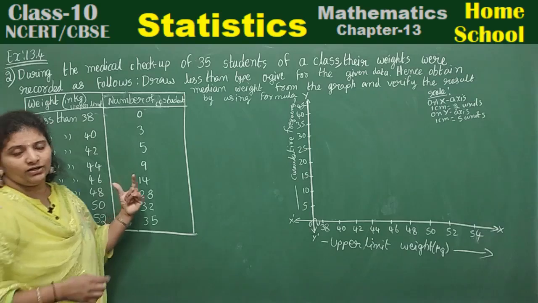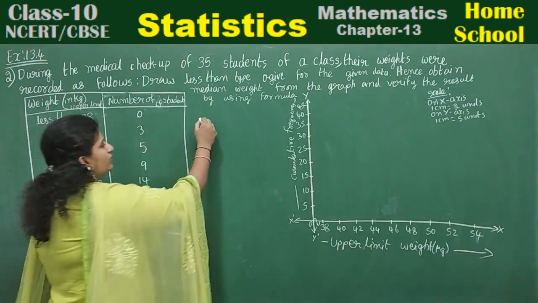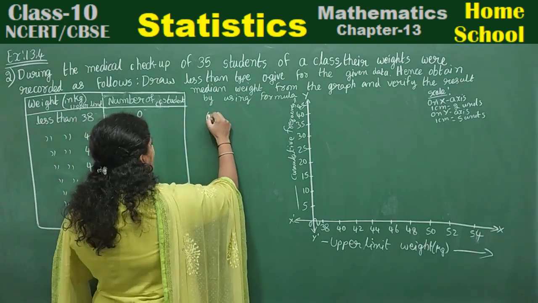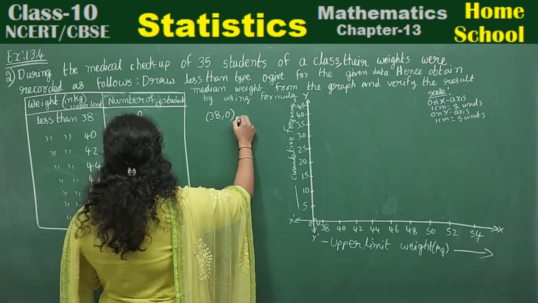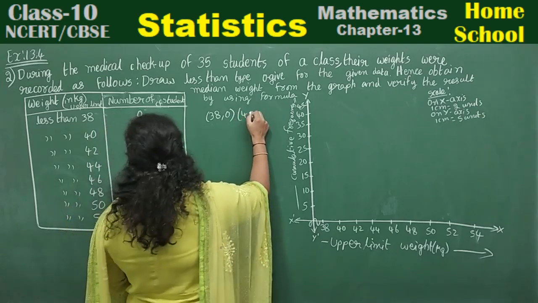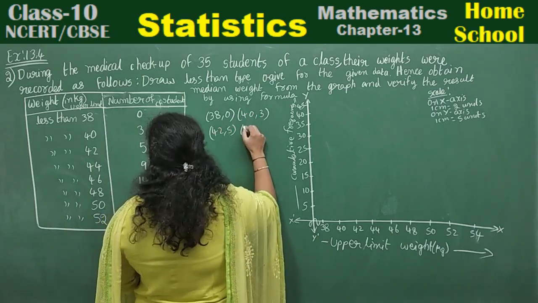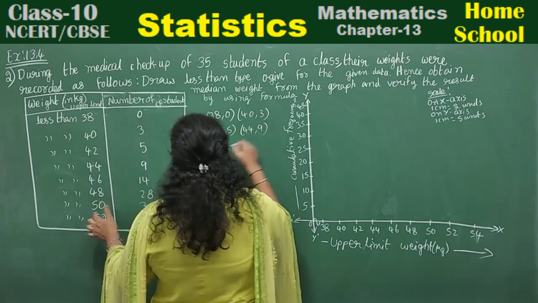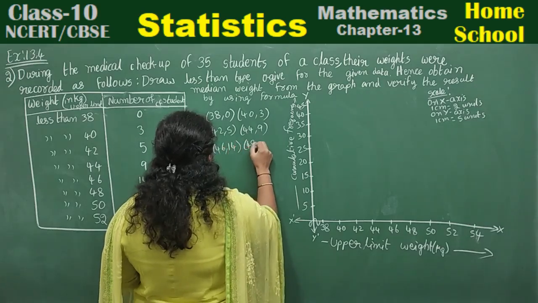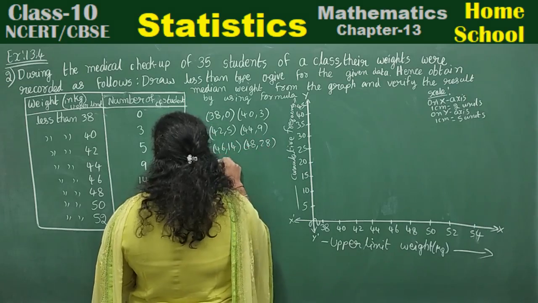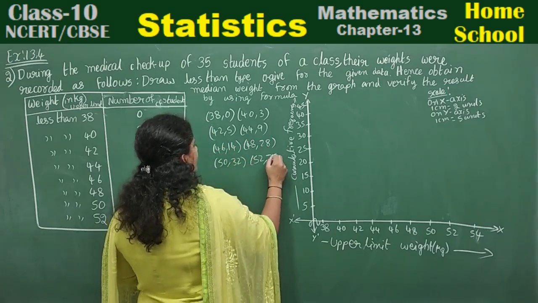See the coordinates. What coordinates are you going to plot on this graph? If you want, you can write them, or you can directly plot them on graph. 38, 0, 40, 3, 42, 5, 44, 9, 46, 14, 48, 28, 50, 32, 52, 35.